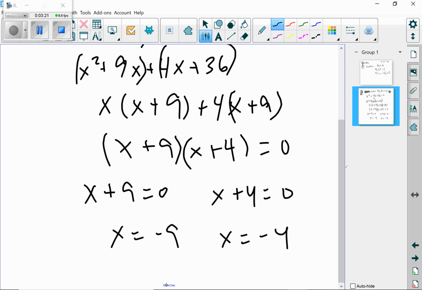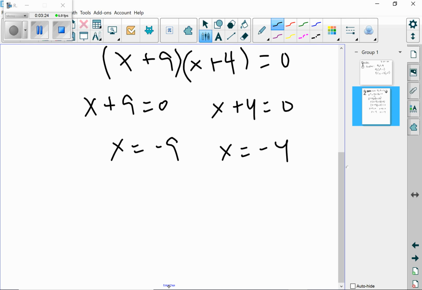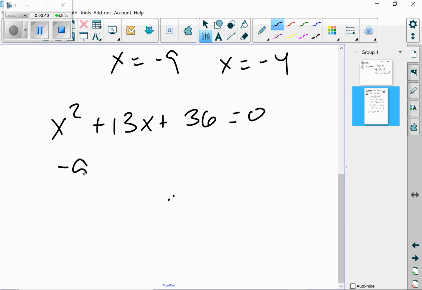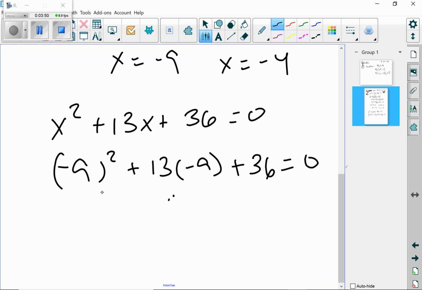Now, something I do want to show you. If I want to check x squared plus 13x plus 36 equals 0, I can plug in either of these numbers, and it's supposed to be true. So let's try it. Negative 9 squared plus 13 times negative 9 plus 36 is supposed to equal 0. We know this is 81.